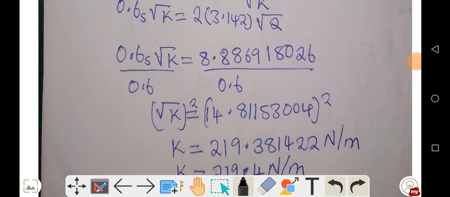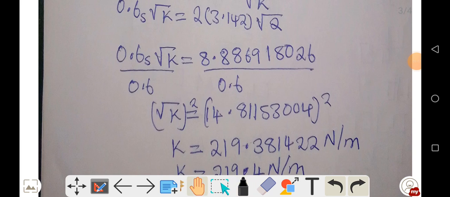To remove the square root of k, we introduce the power 2. We square the k and also square this expression on the right hand side.